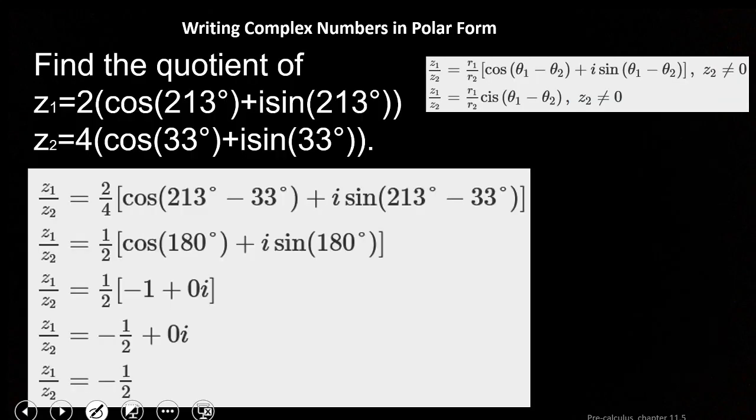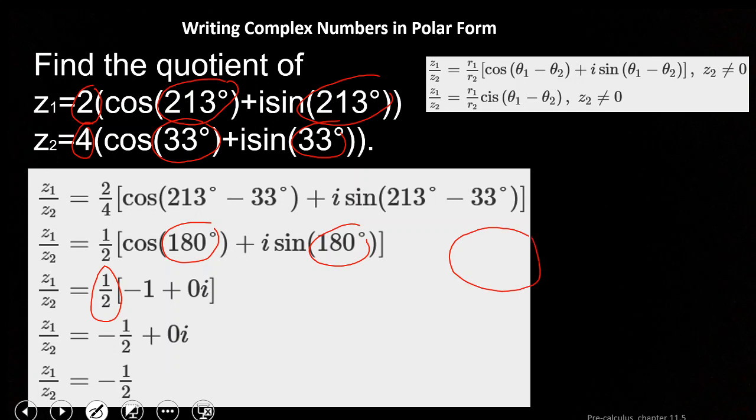So here's an example. Here's R1 and here's R2. We divide them, we get 1/2. And then 213 minus 33 is 180. Okay, we know cosine 180. What's cosine of 180?